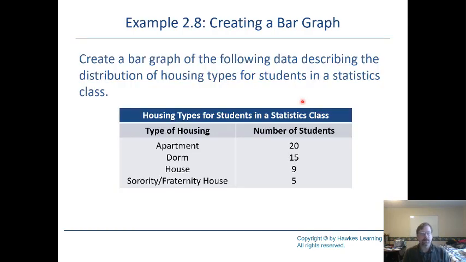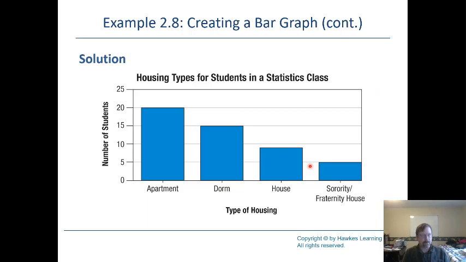So let's look at an example of creating a bar graph. Again, we've got our housing types for students in the statistics course. This time we've got them ordered from highest to smallest. This is the same data set we had the pie chart of, so they're nicely in order for us. We can make a Pareto chart, which they've done here.